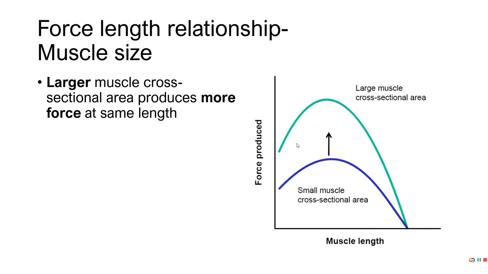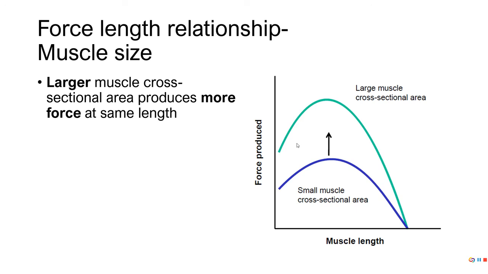Two more things here. The first is the relationship between force and length as it relates to muscle size. A large muscle with a greater cross-sectional area produces more force at the same length than a muscle with a smaller cross-sectional area. And this goes back to what we talked about at the very beginning of this lecture.